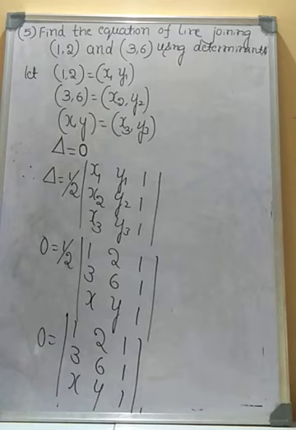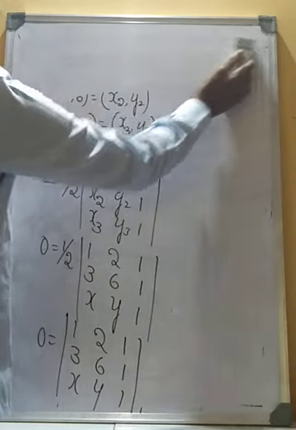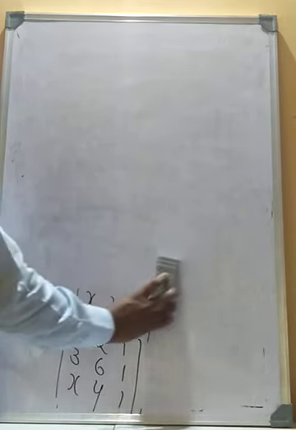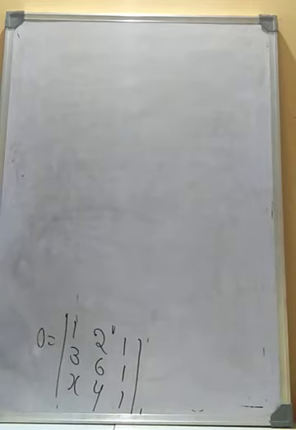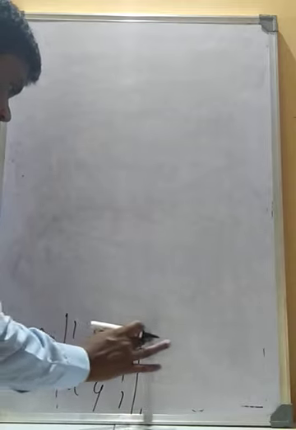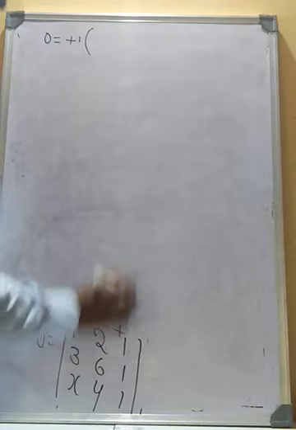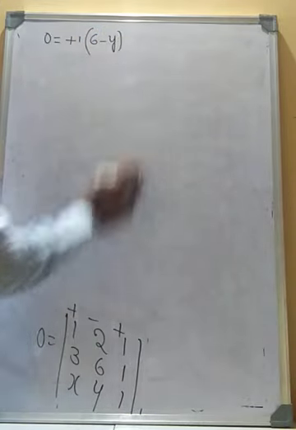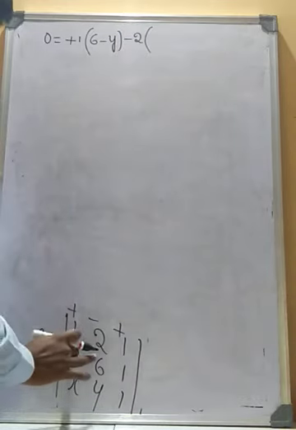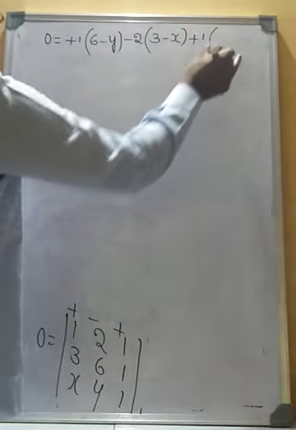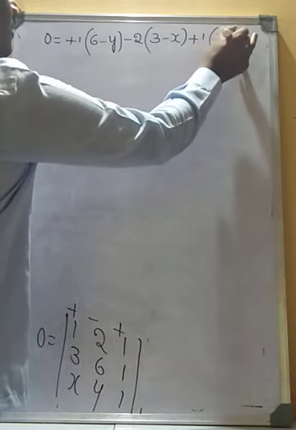Expand this determinant. Expansion along the first row as usual: 0 is equal to plus 1 into (6 ones are 6 minus y ones are y), minus 2 into (3 ones are 3 minus x ones are x), plus 1 into (3y minus 6x).